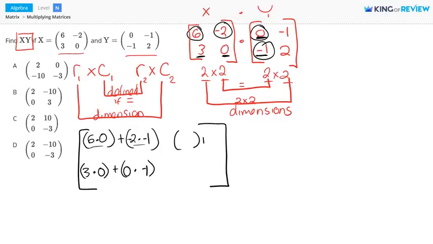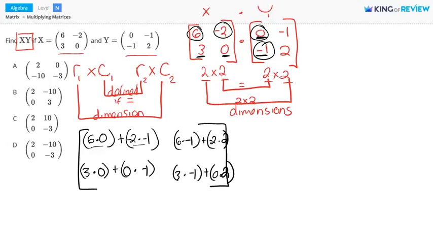And we're going to do the same thing over here for this entry and for the last entry. So this one would be 6 times -1 plus -2 times 2. And then this entry is 3 times -1 plus 0 times 2.